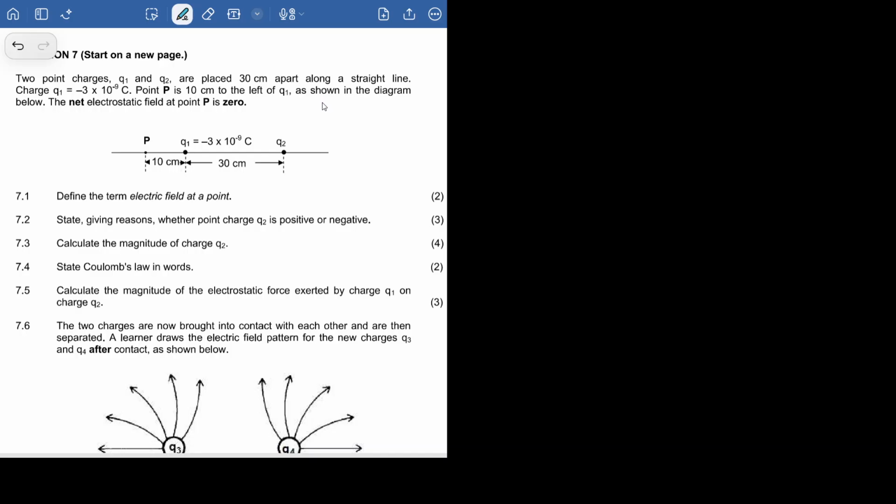Then you start to solve for the value of Q2 from there. Okay, I see. Okay, just try it out. If maybe this is giving you problems, then I will do it for you.